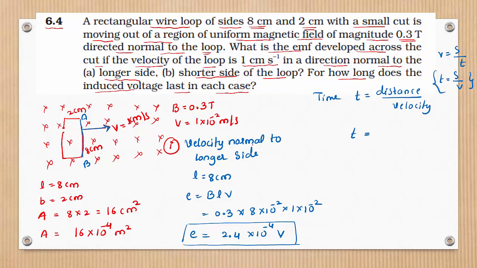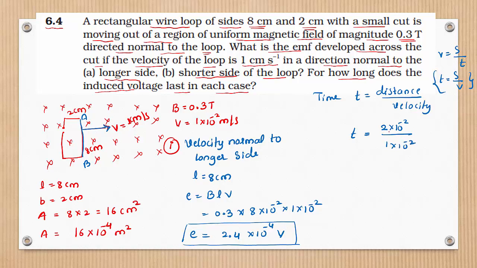You can observe the velocity is normal to the longer side. When the velocity is normal to the longer side, in place of distance we have to consider 2 centimeter, 2 into 10 raised to minus 2. Velocity is given 1 into 10 raised to minus 2.